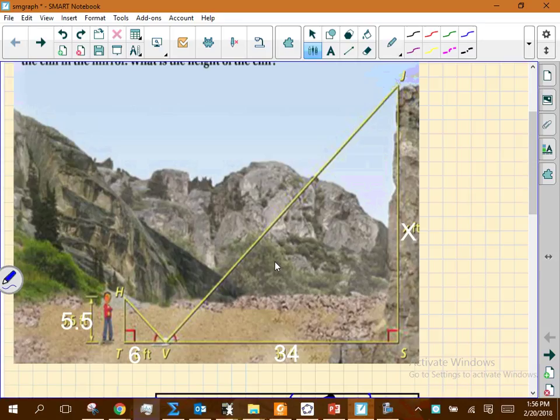Now when we talk about it happening with light, the way that we're going to be able to determine these angles that the light is bouncing off of something is to use a mirror. Because when the light bounces off the mirror and is redirected towards my eyes, that's what allows me to see the object in the mirror.